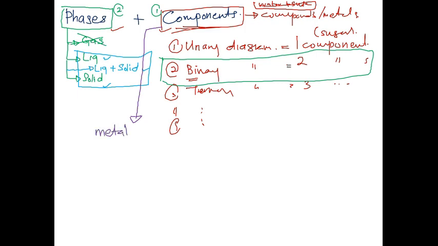Sometimes carbon is possible too. The components will usually be metals, for example copper, iron, aluminium, and we can also have carbon, platinum, and so on. These are all solid.